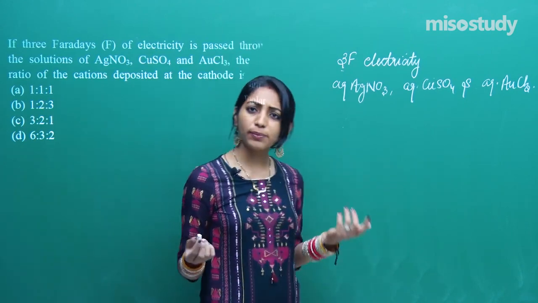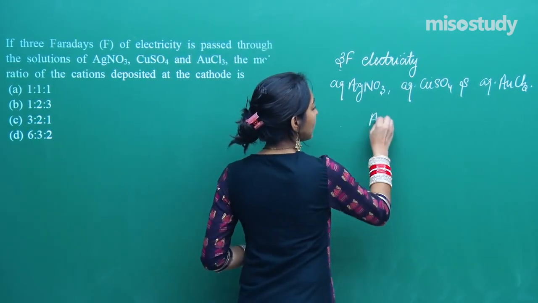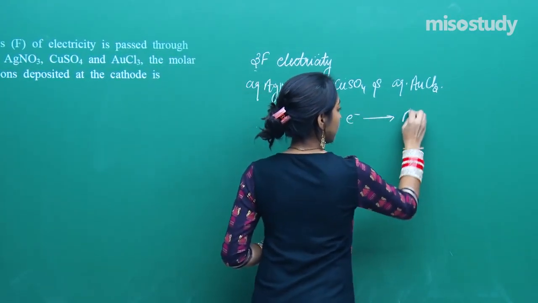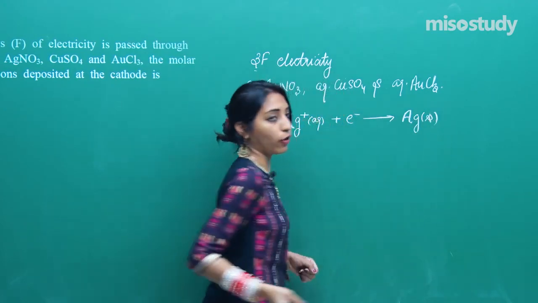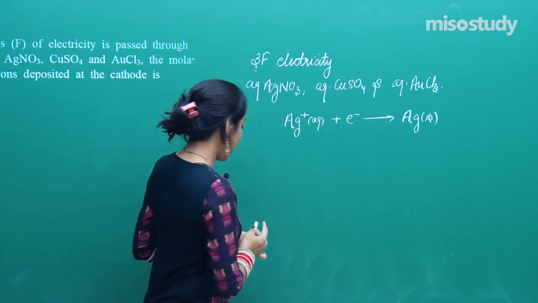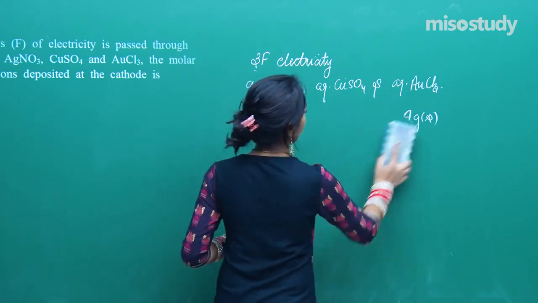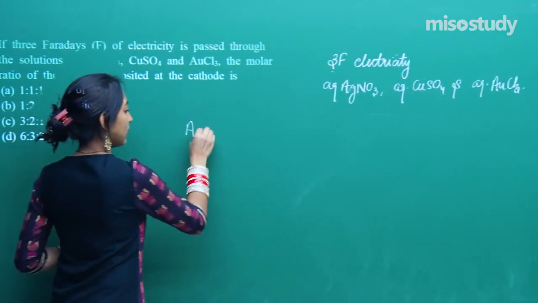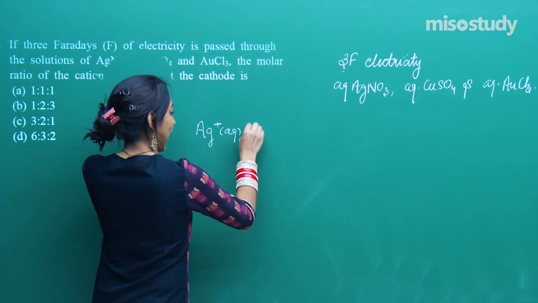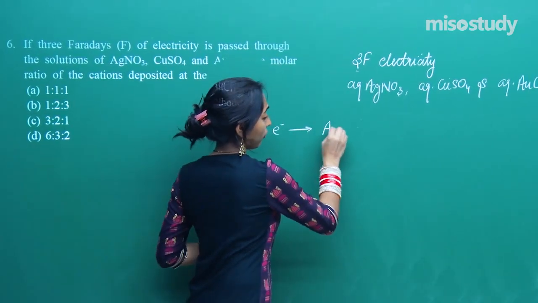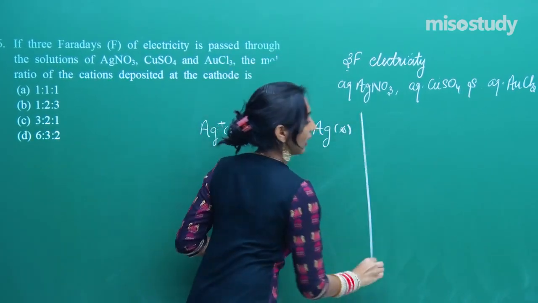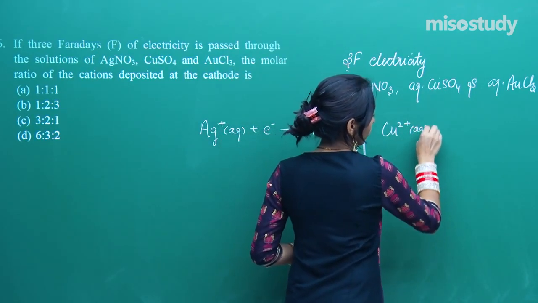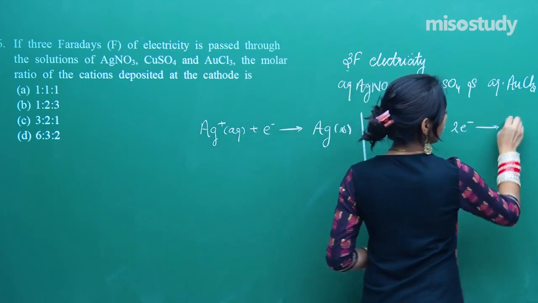Let's simply write down the equations. First, Ag+ aqueous will accept an electron to form Ag solid. Then second, Cu2+ aqueous will accept 2 electrons and form Cu solid.